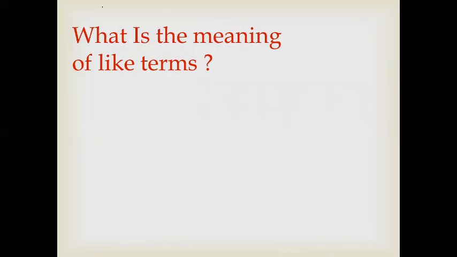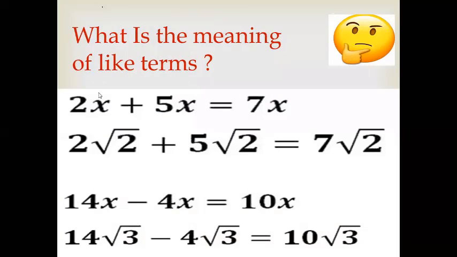So in like terms, if we have 2x plus 5x, are they alike or different? They are alike because they have the same variable x. So 2x plus 5x equals 7x.